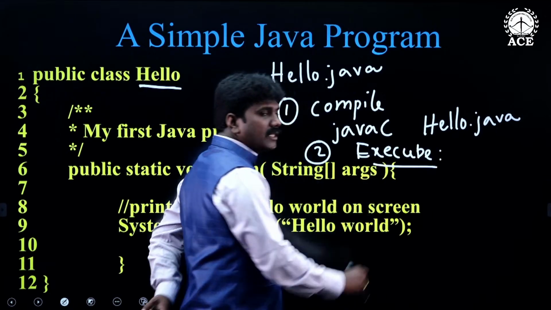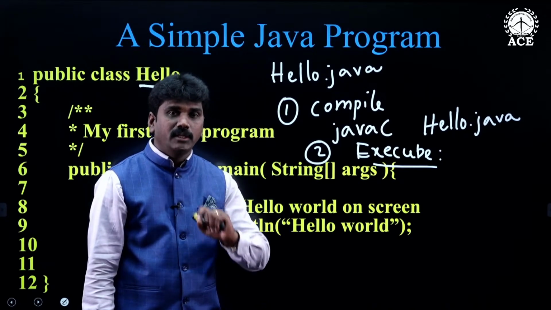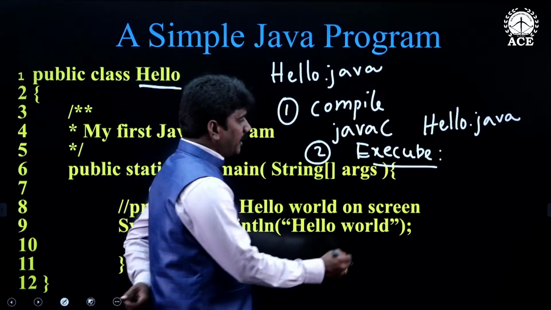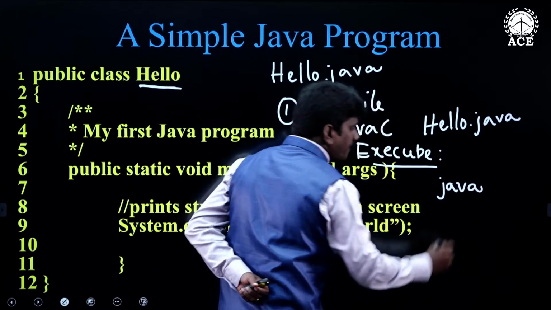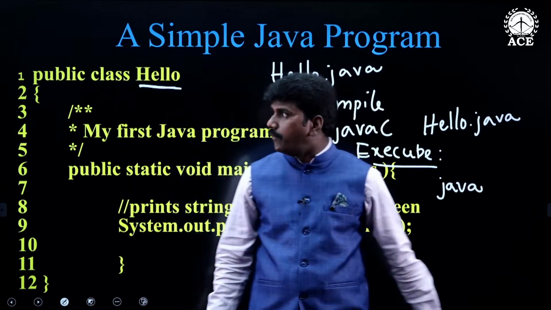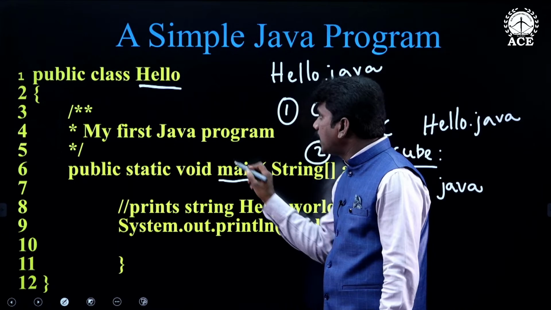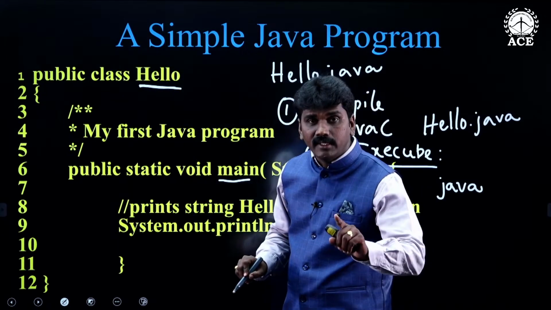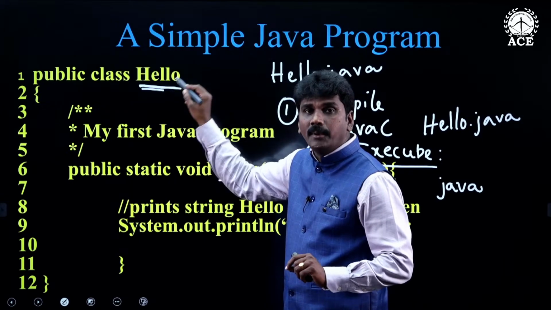How can we execute the Java program? The command is java space, and then the class name that contains the main method. Here, what is the class name we have? Hello.